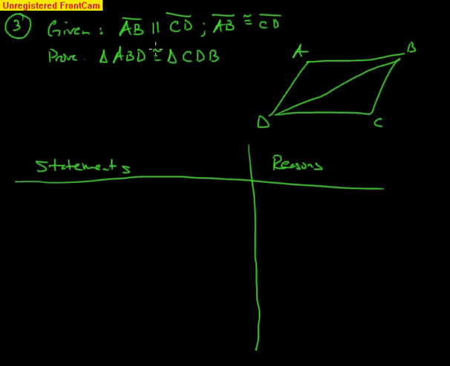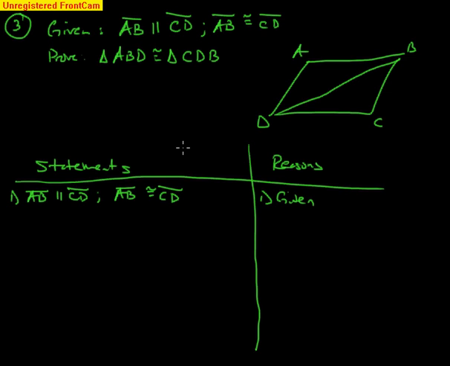Okay, so we are given that segment AB is parallel to segment CD, and we're given that segment AB is congruent to segment CD. And the question is, can we prove that triangle ABD is congruent to triangle CDB? Okay, so as we always do, the first statement is the given.